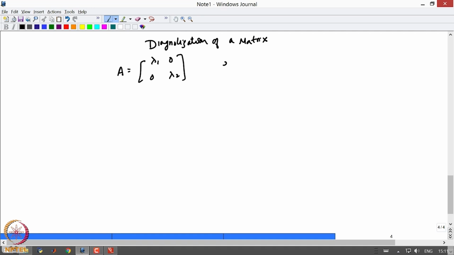It is easy to verify that e power A t in this case is simply a matrix which looks like this, e power lambda 1 t, 0, 0, e power lambda 2 t. Now, I know that if A is not in a diagonal form, I can convert it into a diagonal form.